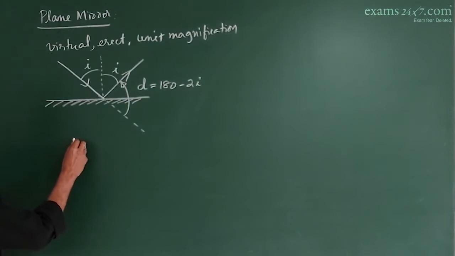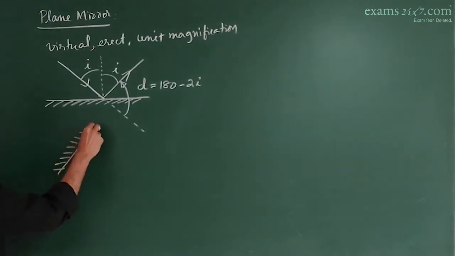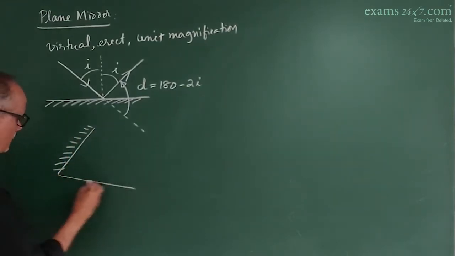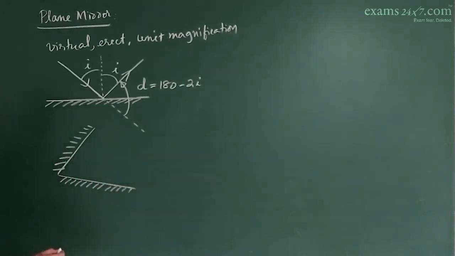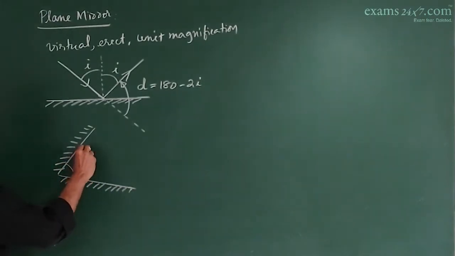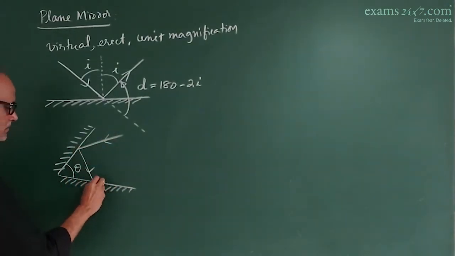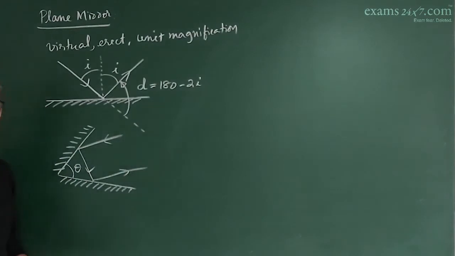If I take two plane mirrors which are placed in such a way that theta is the angle between them, and if a ray is incident on one of the mirrors, after the reflection, it emerges from the second mirror.